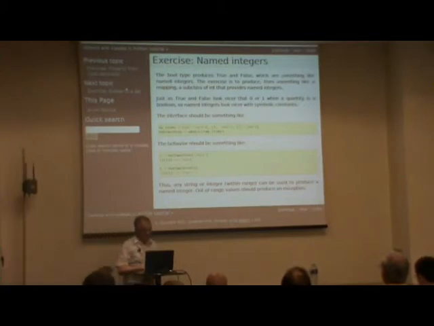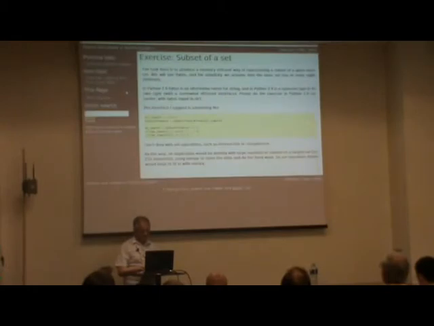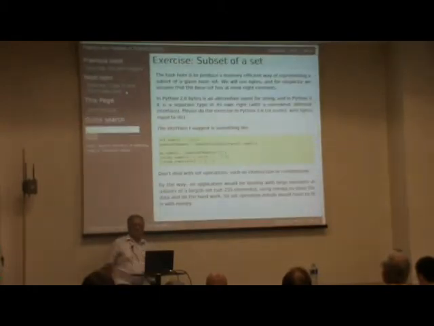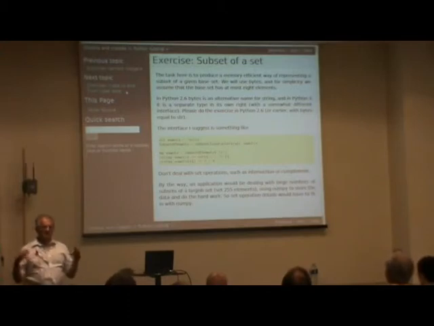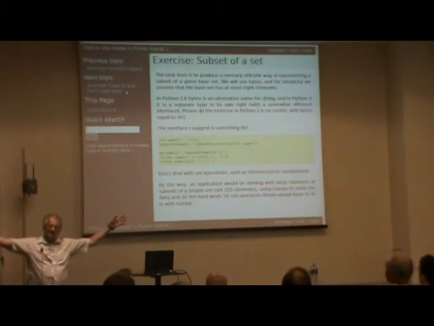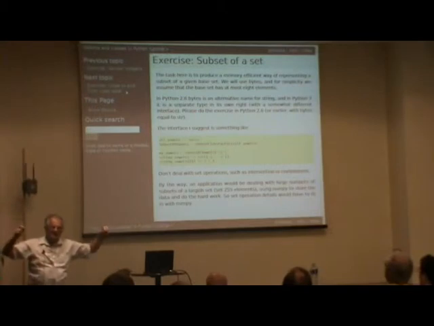And the next one, okay, this might be too hard for us. But we want to efficiently store a subset of the vowels, or a subset of the people in this room. So it's not a set. A set can have any members. But a subset, you're saying ahead of time what the universe is.